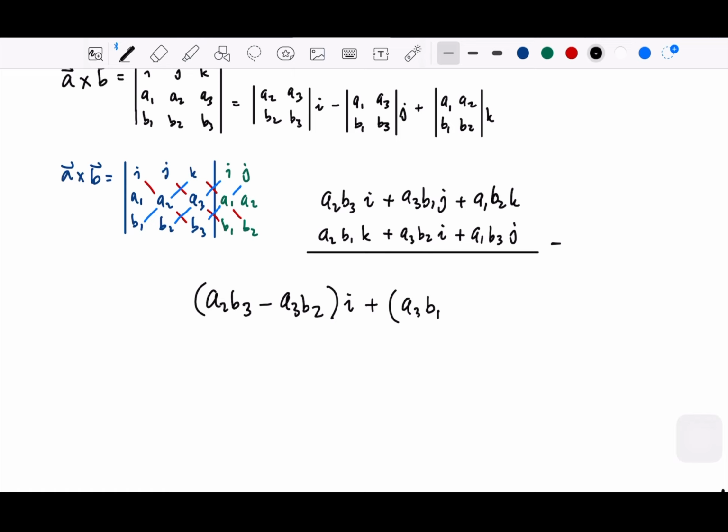A3 B1, minus A1 B3 J, and then plus A1 B2 minus A2 B1.